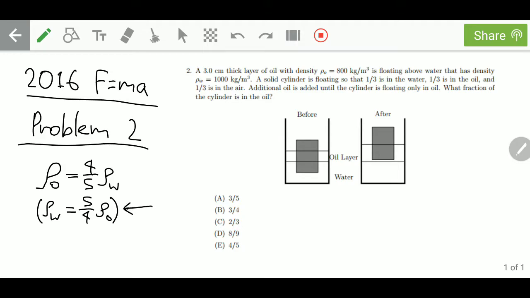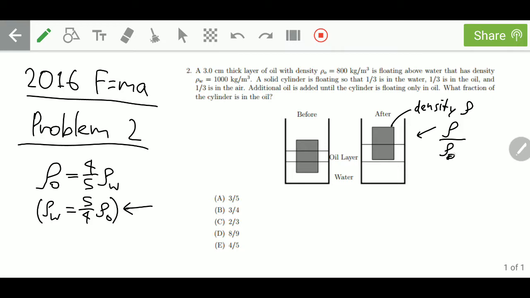The reason is that if you look at this diagram, the after situation where we need to find what fraction of the cylinder is in the oil, let's say the density of the cylinder is just rho. Then the fraction of the cylinder that is in the oil is just going to be rho of the cylinder divided by rho oil.